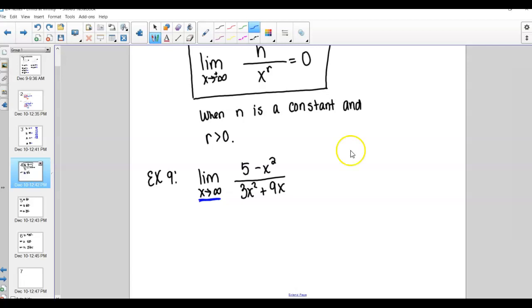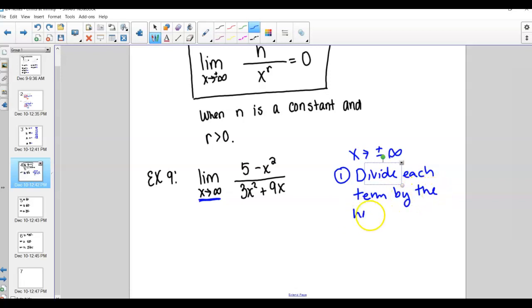Alright, so first of all, we must have x approaches infinity, or it could be negative infinity. So what we're going to do, the first thing, is we're going to divide each term by the highest degree variable from the denominator.